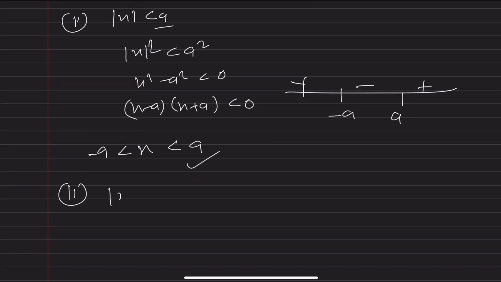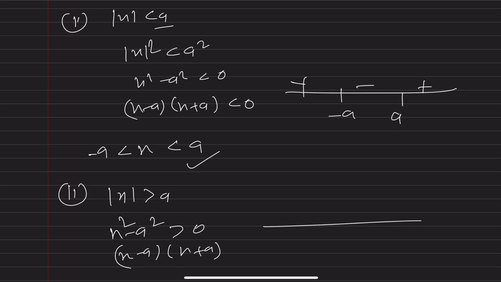Now when we have mod of x greater than a, the same way we have to square, and if you square, x square minus a square is greater than 0, x minus a into x plus a, and here the same result. But here we have to consider the positive value, right?